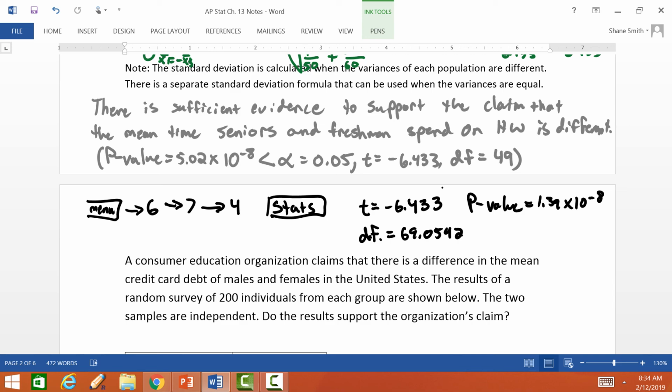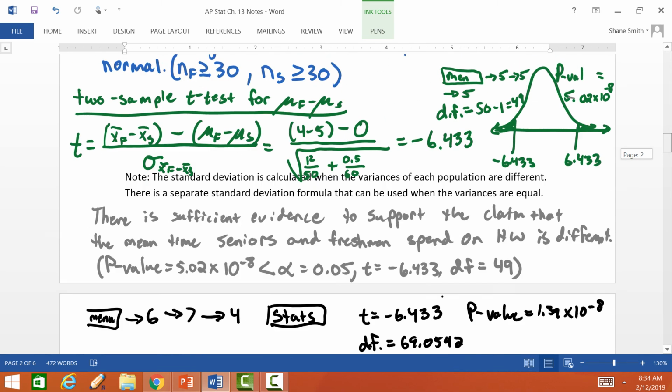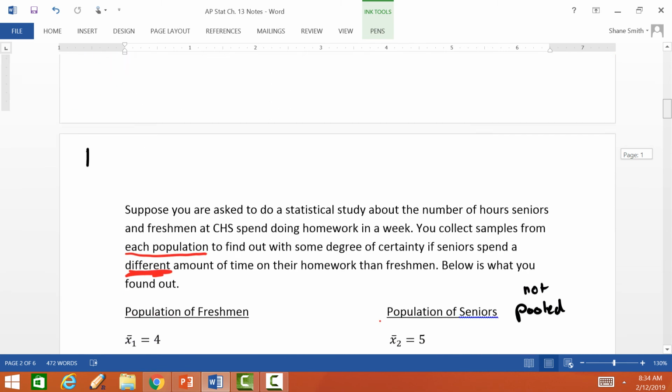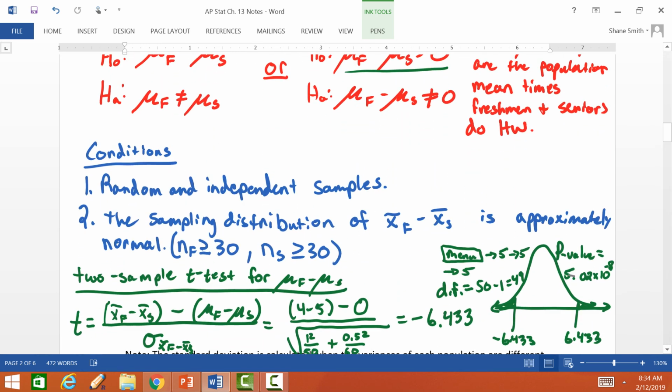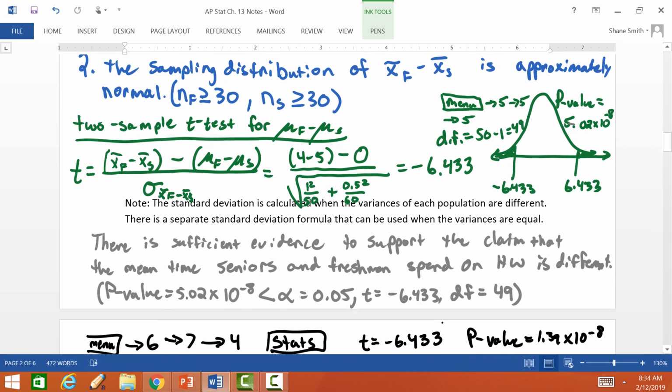So if this was an actual AP problem, you're still going to do in red the hypotheses, you're still going to do the conditions, but especially when you get to this green part, all this computation stuff we did, you still have to write the name of the test, and that's why knowing the name of the test is so important. I would just put all the information in the calculator.